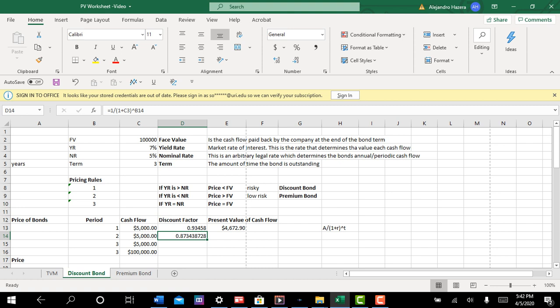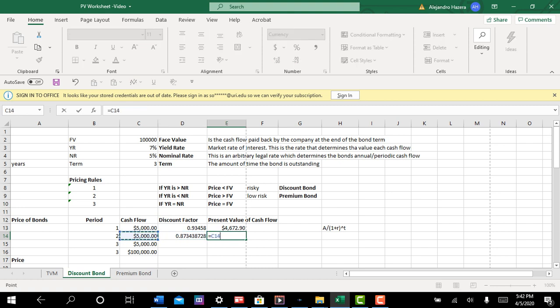So if you receive $1 a year from now, it's worth 93 cents, which gives you, at 5,000, 4,672. If you go out 2 years, each dollar received, even though you receive $5,000, the same monetary amount, is only going to be worth 87 cents. So we're going to take that 5,000, multiply it times that number right there.